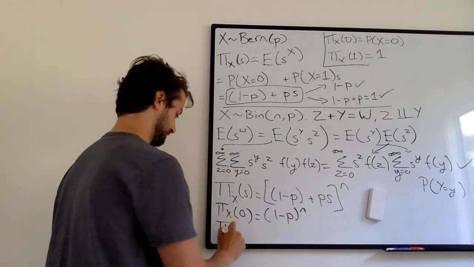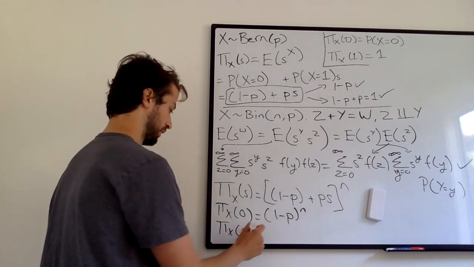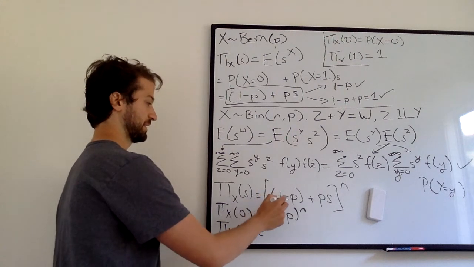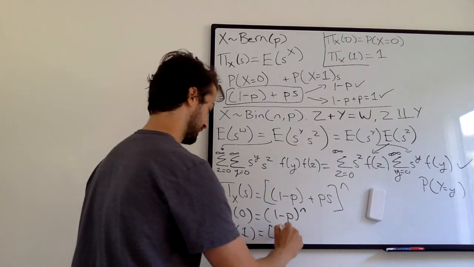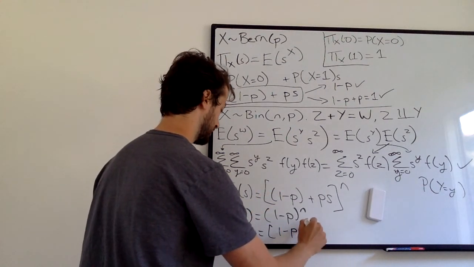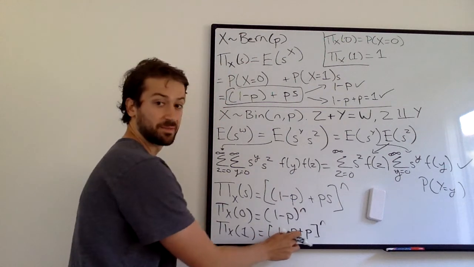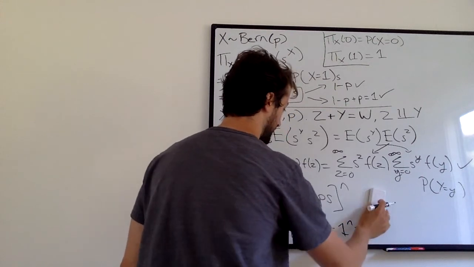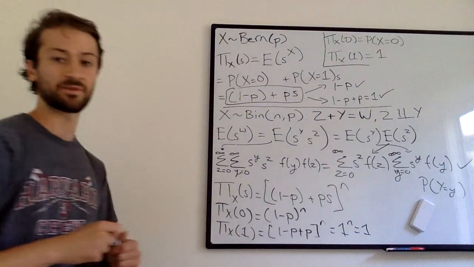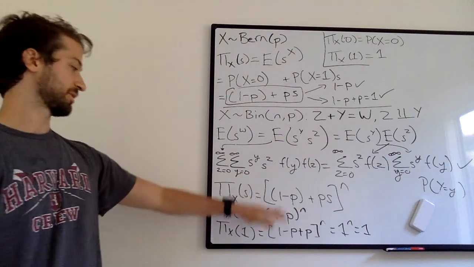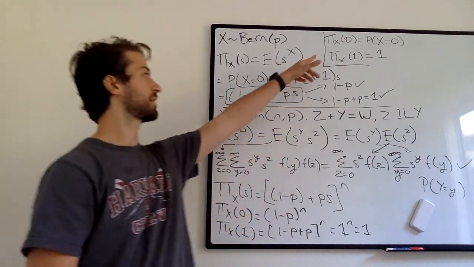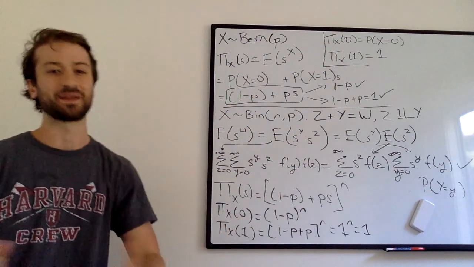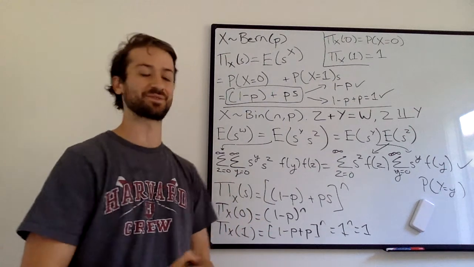And if we plug in 1, we're going to get (1 minus p plus p) to the power of n. 1 minus p plus p is 1, so we get 1 to the power of n, and 1 to the power of anything is going to be 1. So it checks out. We showed that our two properties check out, which doesn't mean that it's a valid PGF, but it is a good sign that we didn't do something wrong.